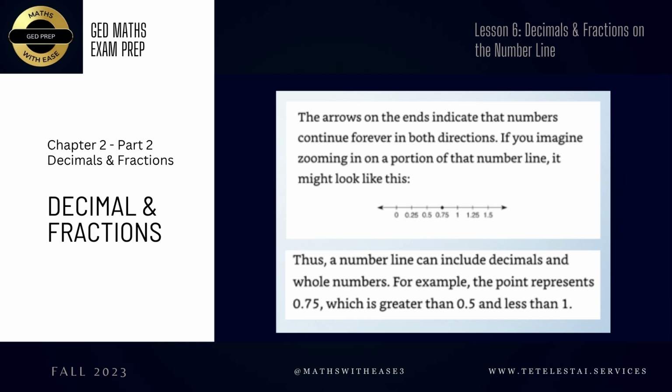For example, we see here that this dark point represents 0.75, which is greater than 0.5 and less than 1, our whole number.